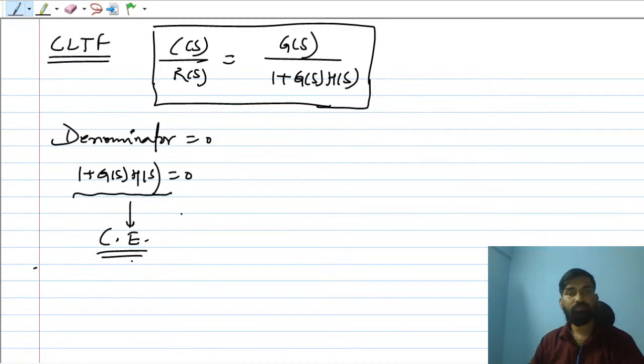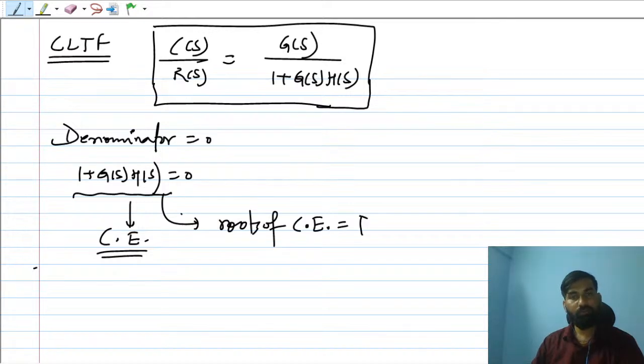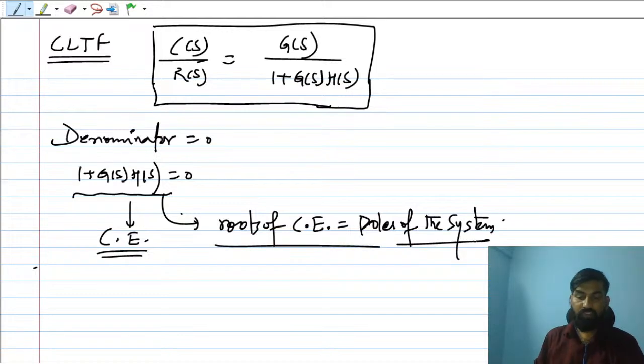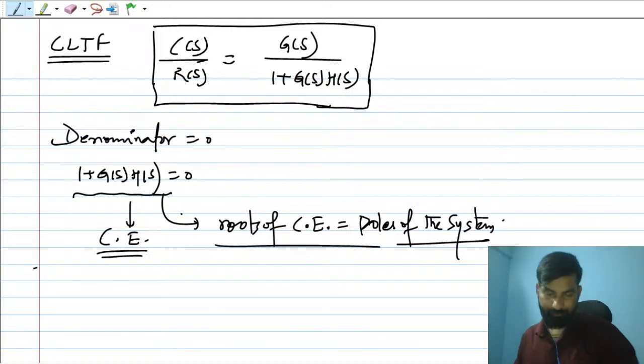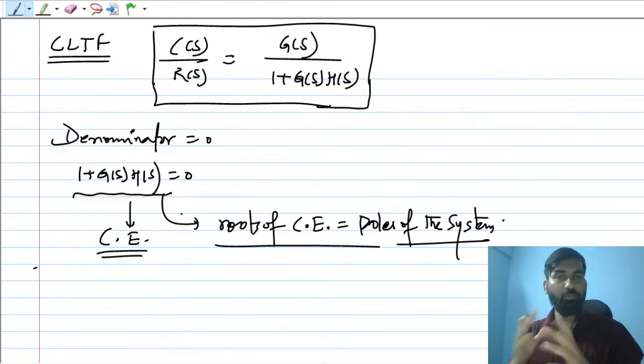If the characteristic equation is equal to 0, it will give you some roots as well. The roots of CE will be known as poles of the system. Understood? So this is very, very important, guys. Roots of CE are going to be the poles of the system.